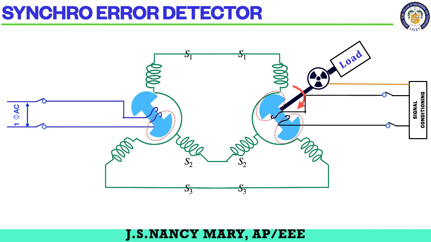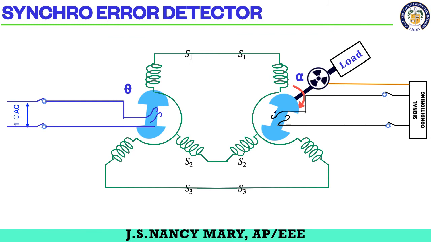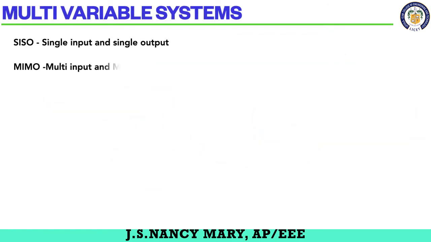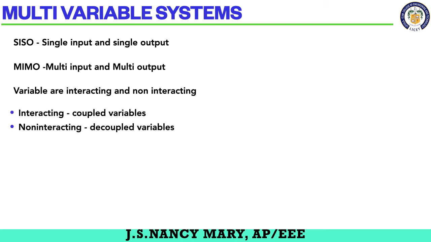Next, we will see the multivariable control system. So the next one is a multivariable system. We have seen single input and single output. Now we are going to see multi-input and multi-output. So there are interacting and non-interacting variables. Interacting we are going to call coupled, non-interacting decoupled.